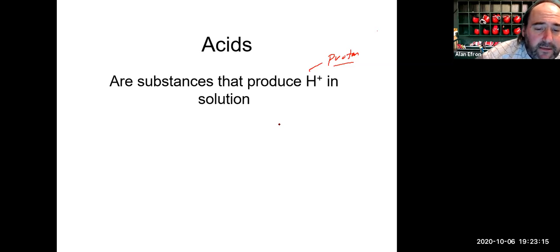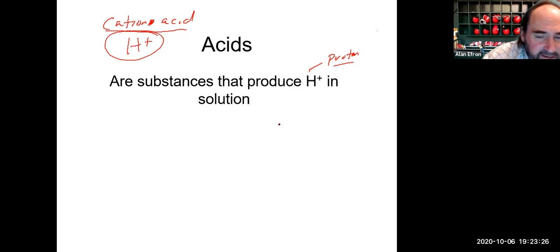And pretty much all acids, the cation for all acids is H plus. So that's pretty much always the cation for an acid. The difference is the anion and whether or not the anion has oxygen.